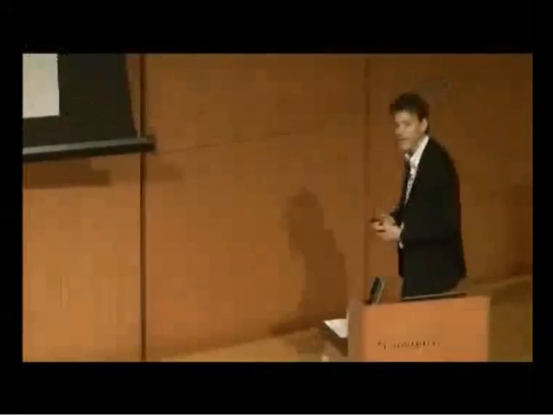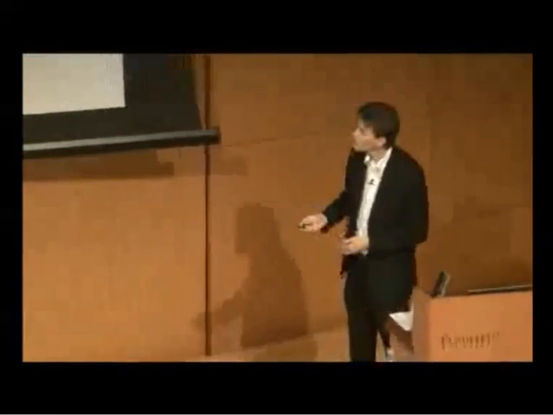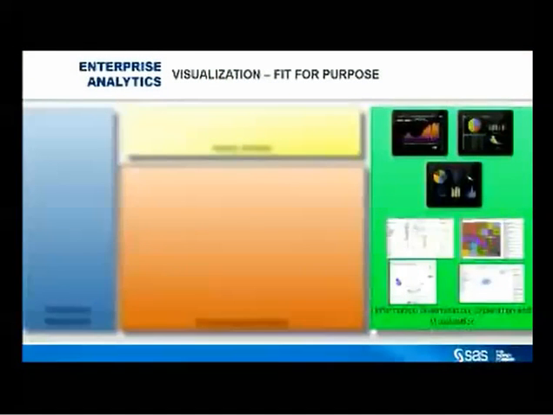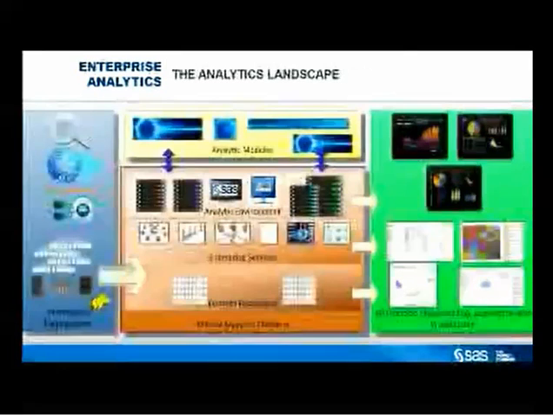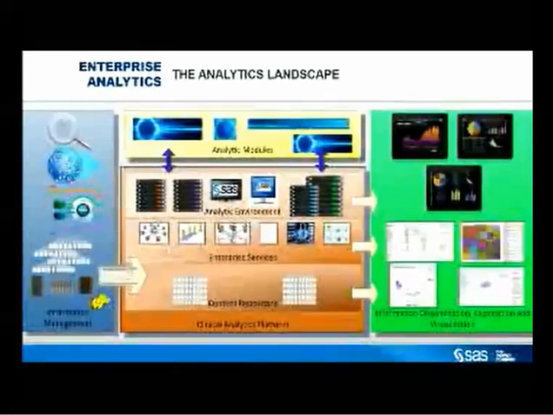So if I look at the analytics landscape, although I will be focusing mainly on the right-hand side here on information dissemination, I just want you to remember that a lot of preparation work needs to go in before you actually do the visualization and look at it. It's about having a capability to store the data.